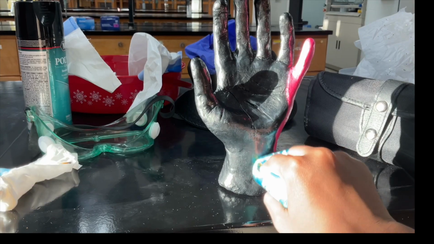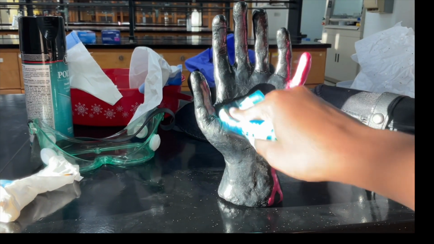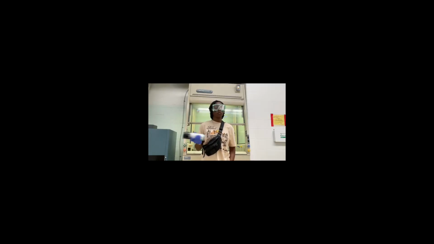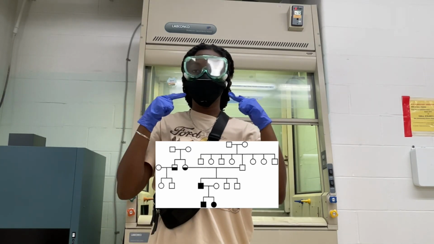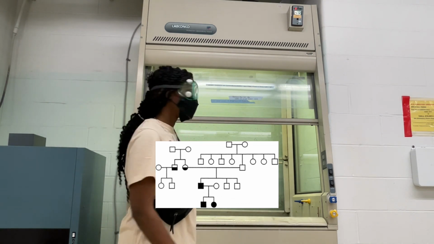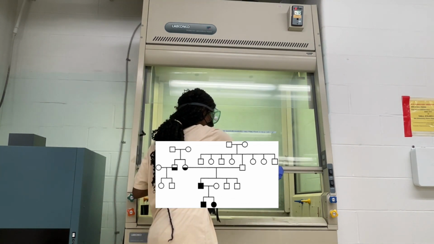I believe that this condition is so common because of the fact that polydactyly is a dominant trait. Here is a pedigree. I thought that a pedigree would give a visual representation of just how dominant this trait is.